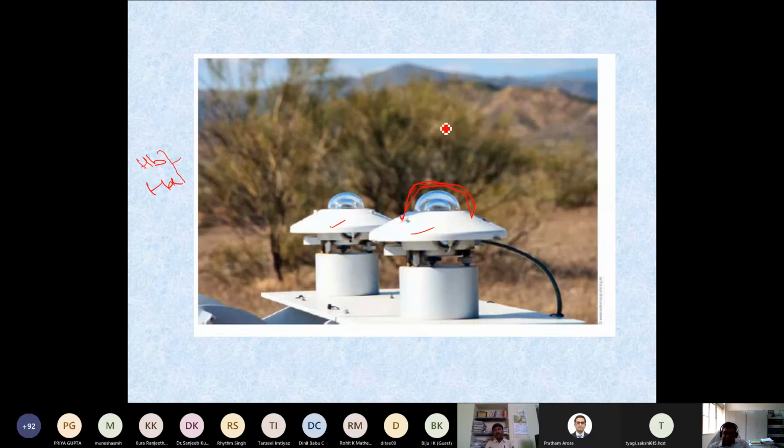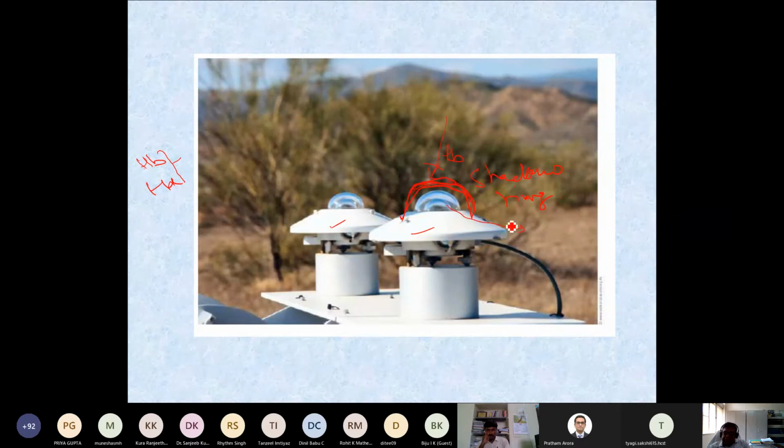So what is the purpose of having this shadow ring? Every time, you are protecting the bulb from the beam radiation falling on it. So HB is blocked by this.